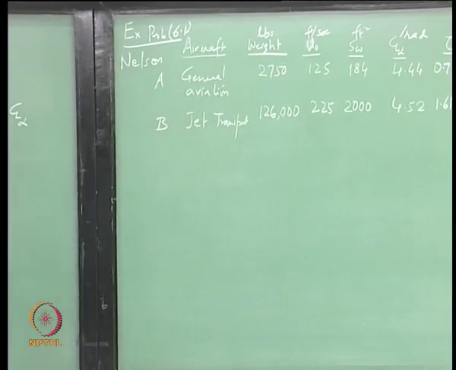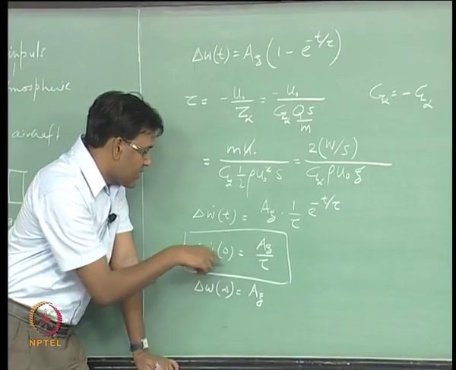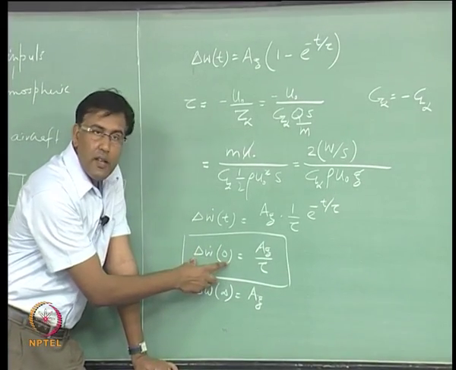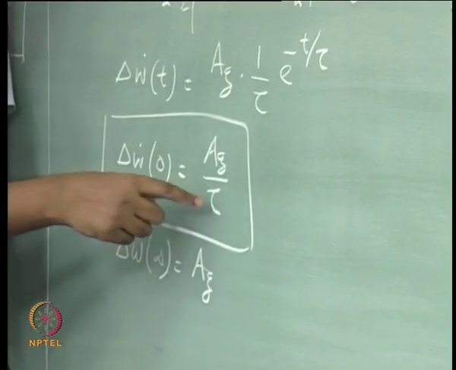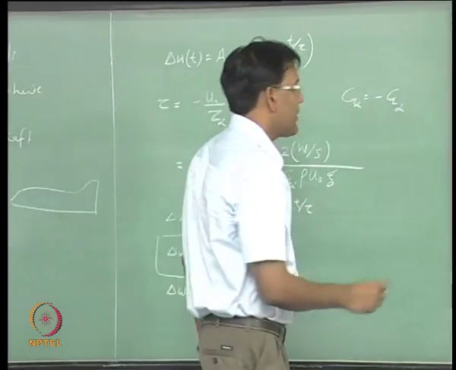So, clearly whatever amplitude of the gust may be, the acceleration at time t equal to 0 is inversely proportional to this time constant, right.